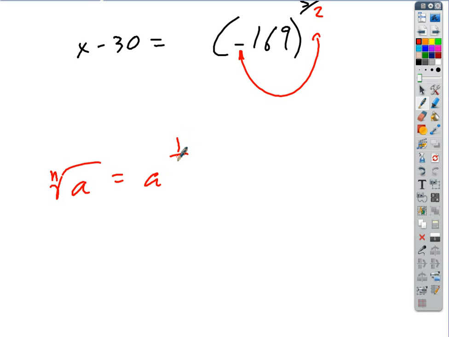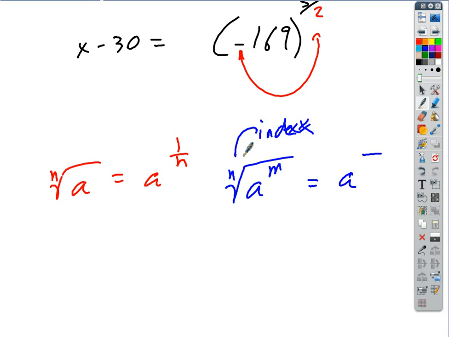Now, what if I have the nth root of a to the m? If I write that as a fractional exponent, where does the n go? The n has to go on the bottom, because whatever the index of the radical is, the number that tells you what kind of root it is, always goes on the bottom.